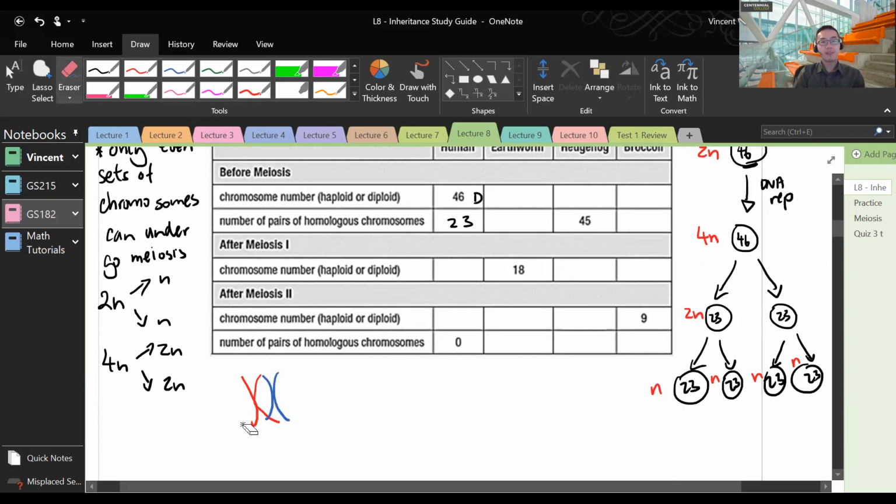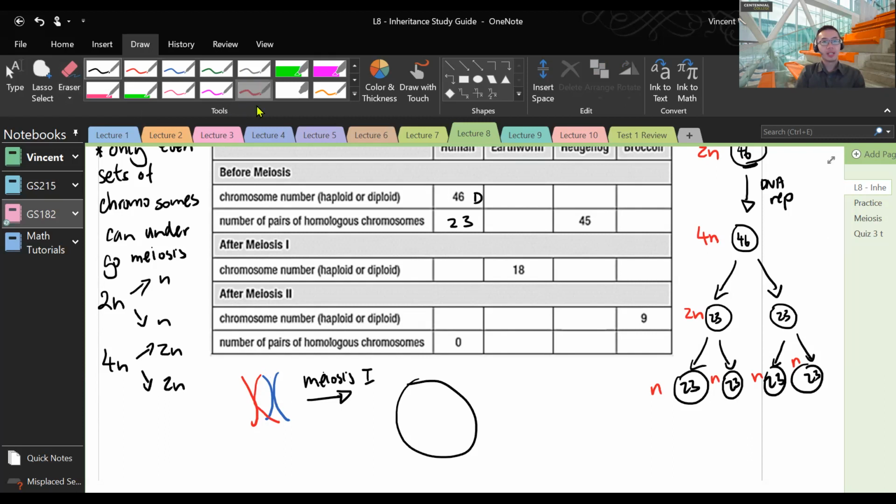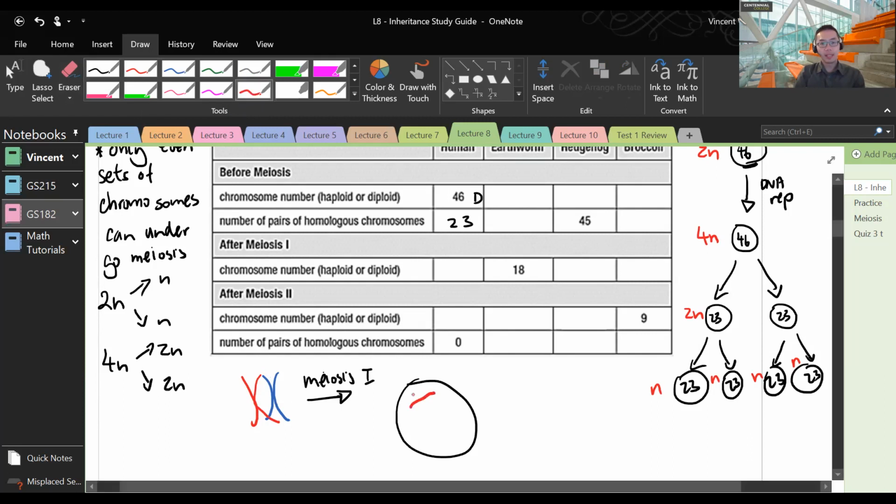Okay, and then after it separates in meiosis one, what's going to happen is you're going to have half of the tetrad here and half of the tetrad here, right? Okay, so that's still considered as one chromosome. But now they're separated. Okay, so that's why it's 23 and 23. You have the genetic amount, right?